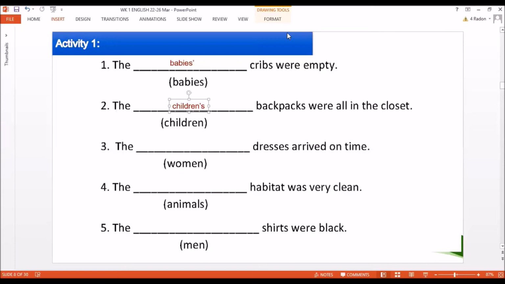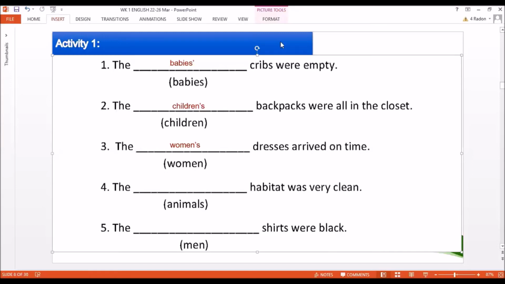So the answer is we add apostrophe S because the word women does not end in S. So we add apostrophe S. Next, the animal's habitat was very clean. We add apostrophe only because the word already ends in S. So we write animals apostrophe.